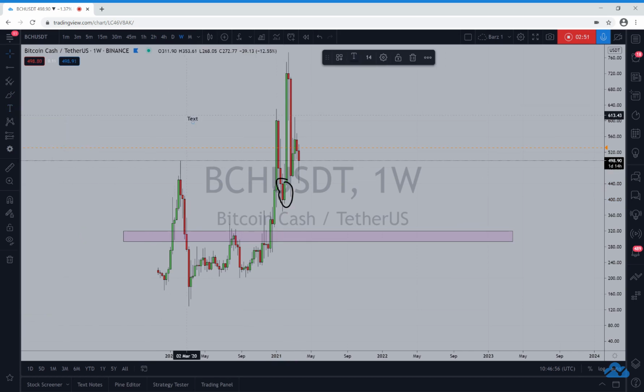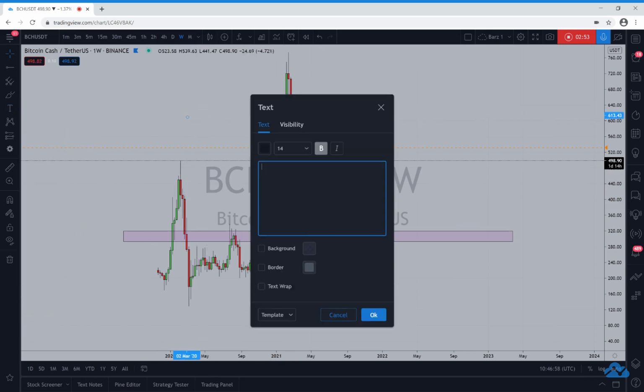So let's type this out. For the market to shift from a sell to a buy, there must be an area of demand, right?